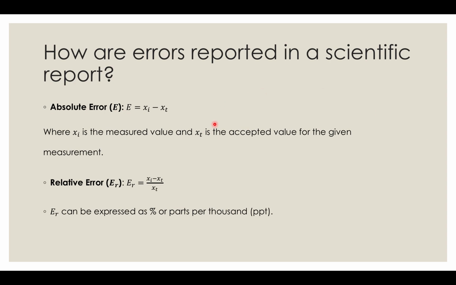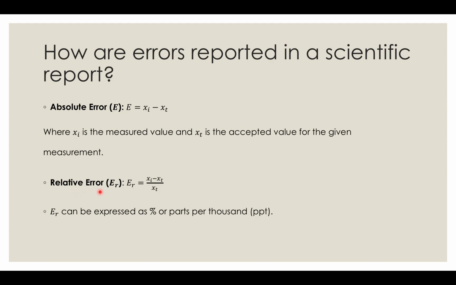Now, how do we report errors in a scientific report? There are two ways. One is the absolute error, another is the relative error. The formulas are self-explanatory. As you can see, absolute error is equal to xi minus xt, where xi is the measured value and xt is the accepted value.